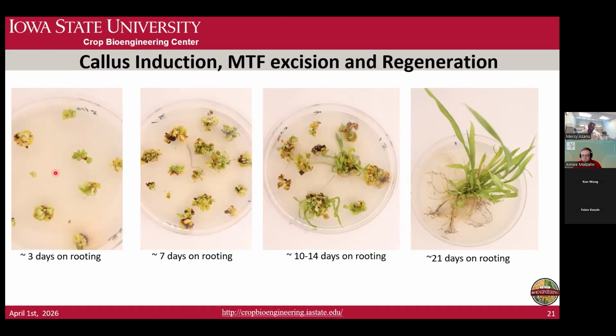If you don't do that, they will die off. You can see the different days: at 7 days, how your shoots are forming, at 10 to 14 days, and then within 21 days you've already seen your plants. So it's really important at every stage.